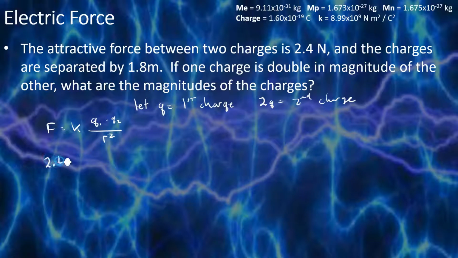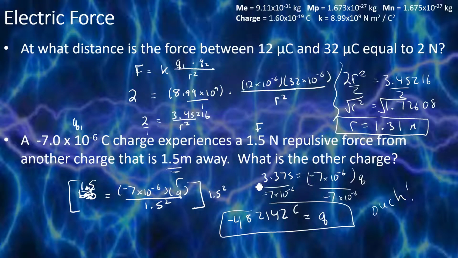We have 2.4 newtons. We have our, oh, I just realized what went wrong over here. I forgot K. So let's go ahead and fix that. So let's see what changes right here. Let me get the red ink. Mr. Kane made a big mistake.